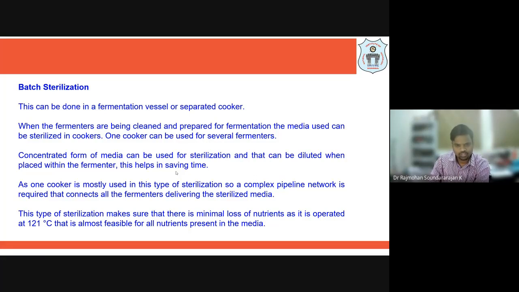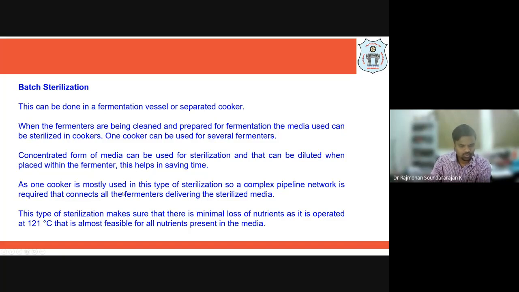Once you take it out, dilute it in water, and you can make use of that. All of it needs to be sterile, so that way we can always perform the sterilization for a concentrated media, and then dilute it and use it in the fermenter. Okay, so that is one way of saving space and time, right?